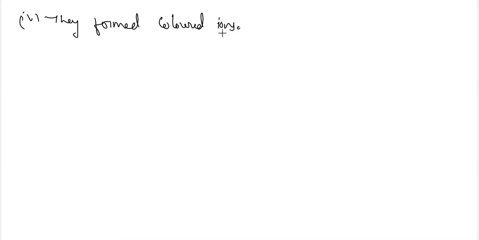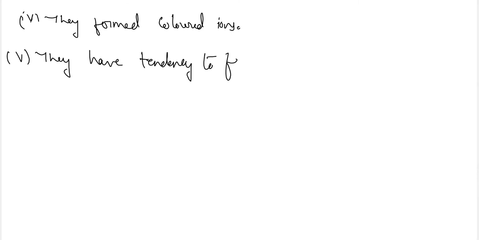The ions of these particular elements, F block elements, are colored. They also have the tendency to form complex compounds.